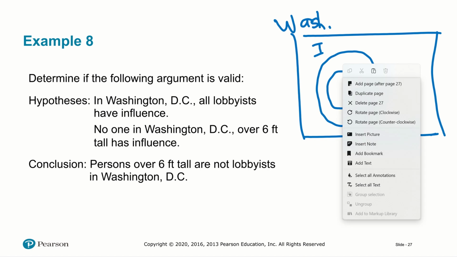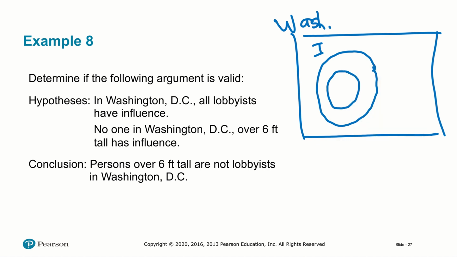Now, remember, this tells you that it's not necessary that all influential people are lobbyists, right? There may be influential people who are not lobbyists. That's why this circle is larger than that one, or oval, whatever. Now, however, we know that no one in Washington, D.C. over 6 feet tall has influence.